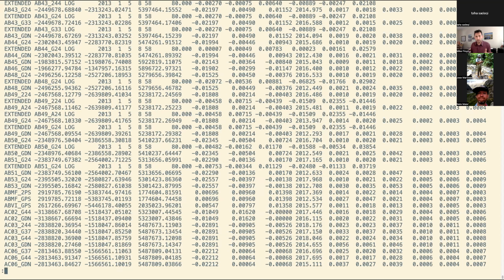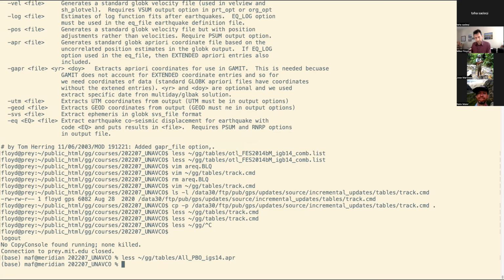So you could just go and grab the site that you're missing from this file and add it to whatever APR file you've been using for the start of your run. And that should solve the problem.